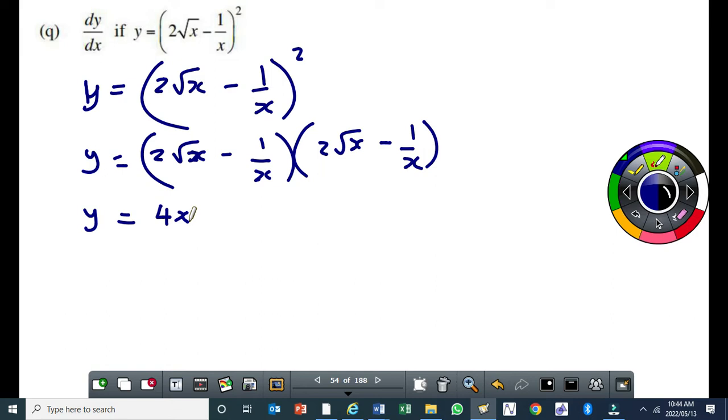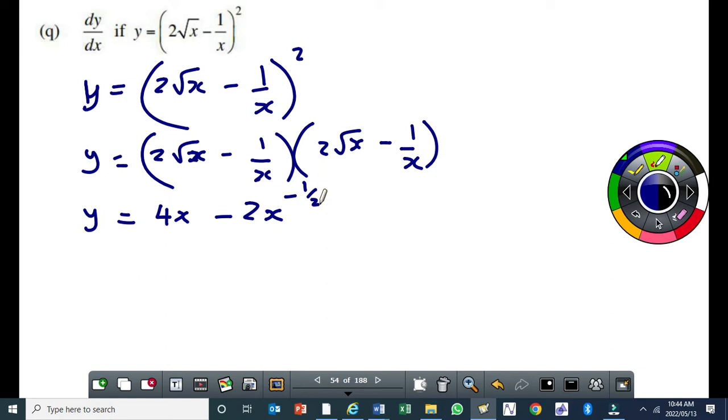So you add the exponents. It will be a half plus minus 1, so this will give you minus 2x to the power of minus a half.